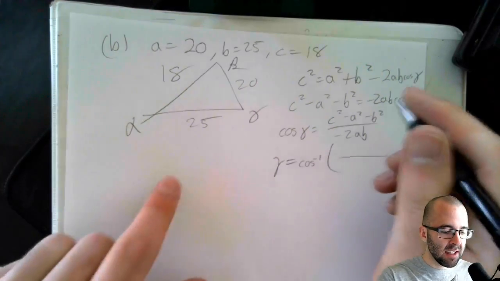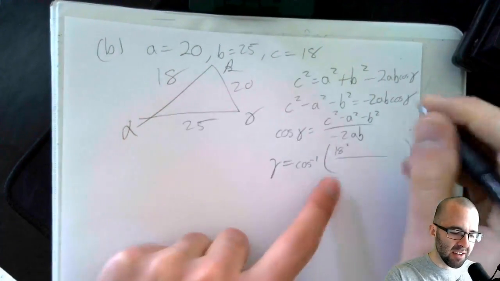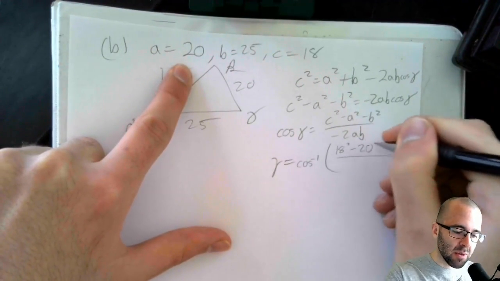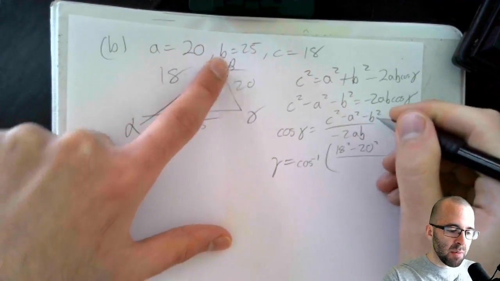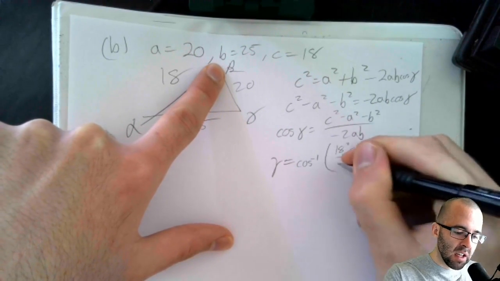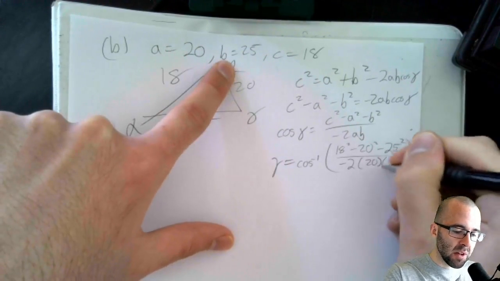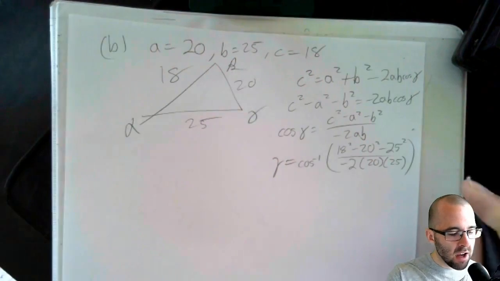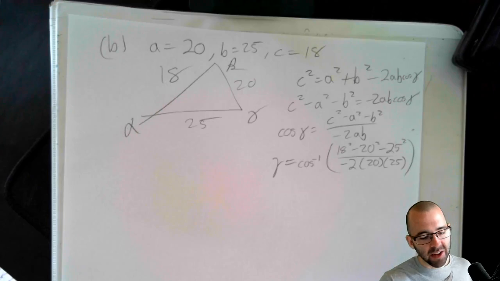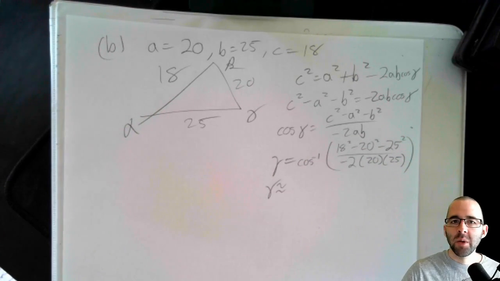Okay. C is 18. This becomes 18 squared. I don't remember what that is off the top of my head. Minus A squared, A is 20. Minus 20 squared. Minus B squared, 25. Okay. Divided by negative 2 times A, which is 20, times B, which is 25. All right. And you type that in your calculator, and you hope you don't mess it up. Or again, you can do it one at a time. So, what are we going to get?